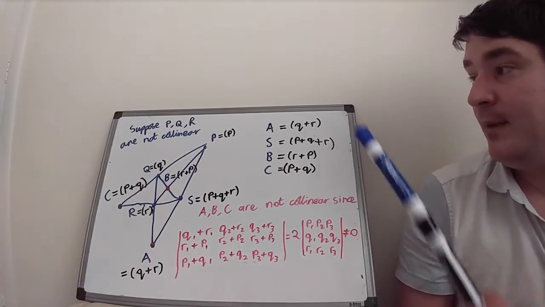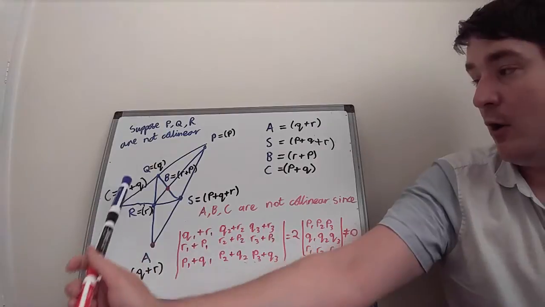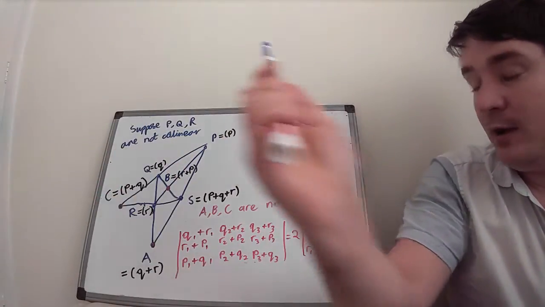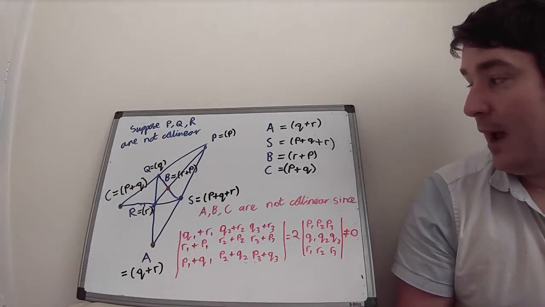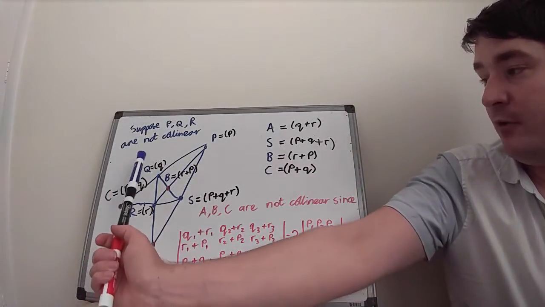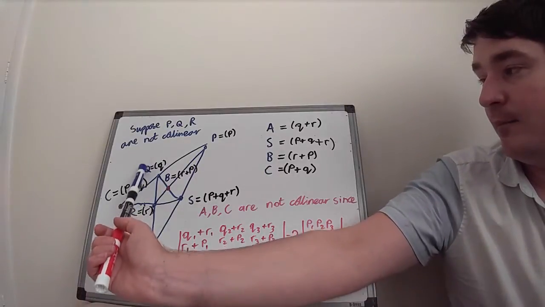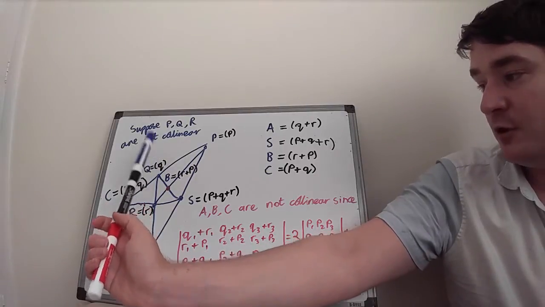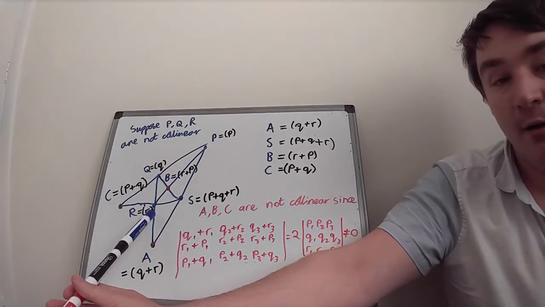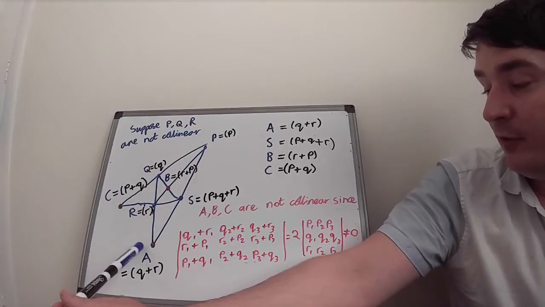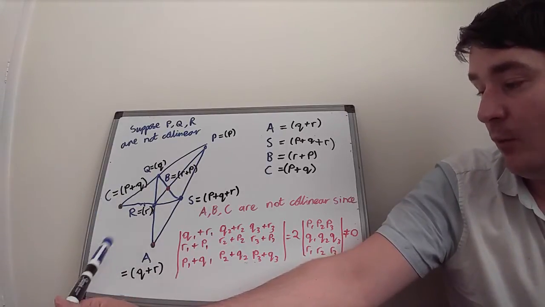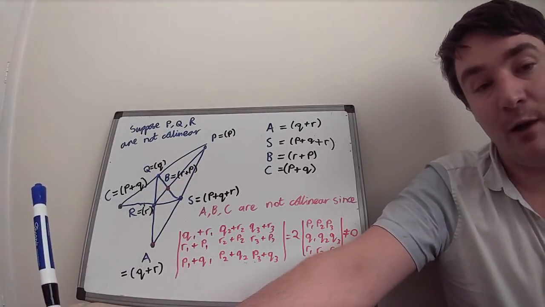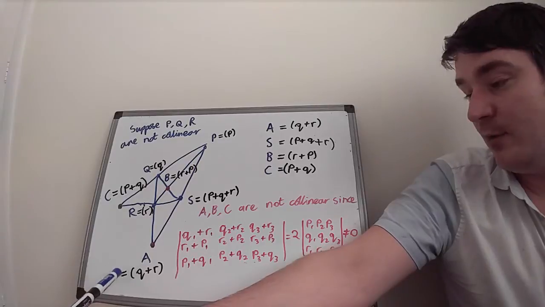So we'll begin by assuming that P, Q and R are not collinear. And there they are. And then we have that A is going to be another point on this line between Q and R. So we call point Q bracketed Q, that's its homogeneous coordinates. R is called bracketed R. And A is another point on that line, so we're free to give it the coordinates Q plus R. You can go back to when I was talking about lines in the last lecture to see why that's the case.